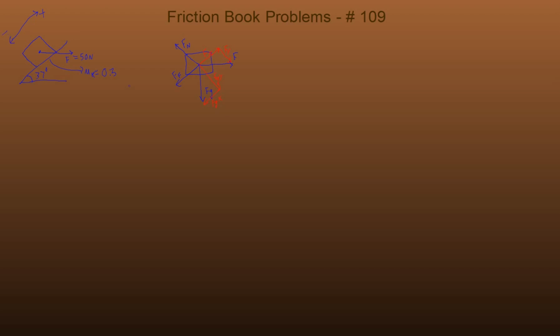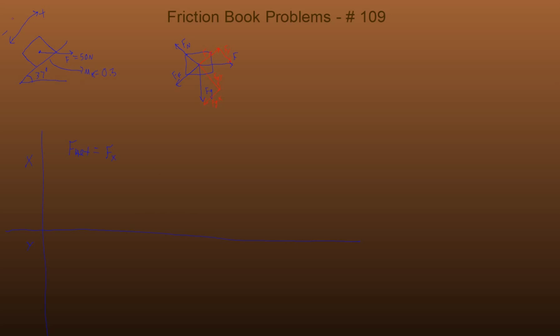So after we set up the free body diagram, next comes the net force equations. We only have one object, so let's just break it up into x and y. In the x direction, we've got F net equals Fx going up in the positive direction.